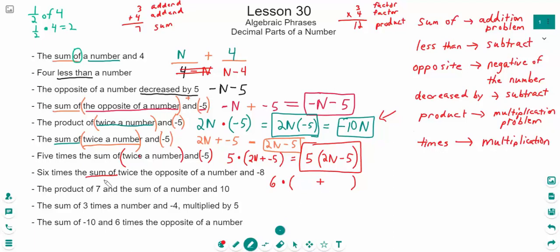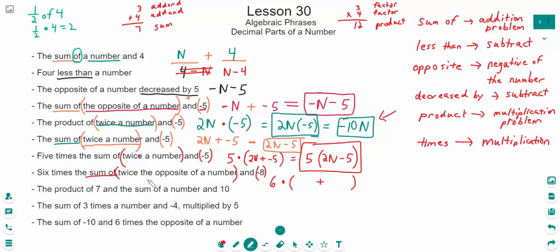So it's 6 times the sum of. And what's the sum of? Well, it's twice the opposite of a number, and negative 8. Those would be the two parts of that sum. Twice the opposite of a number and negative 8. All right? So let's figure out this first parenthesis here. Twice the opposite of a number.